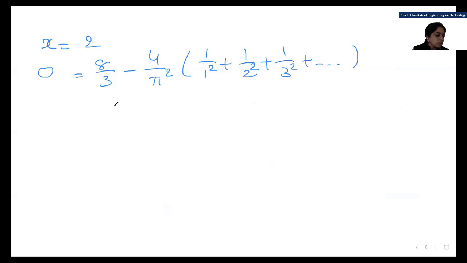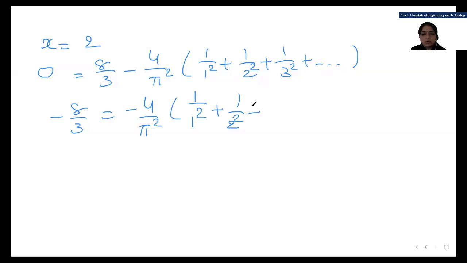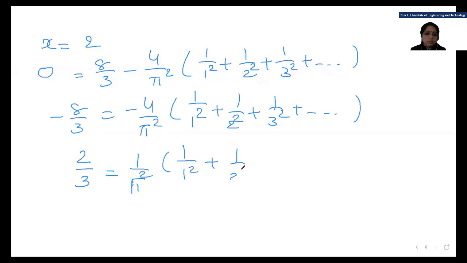Now, if I take minus 8 by 3 to the left hand side, the plus sign converts into the negative sign: minus 4 upon pi square times (1 upon 1 square plus 1 upon 2 square plus 1 upon 3 square up to so on). If I keep minus 4 common from both the sides, then I have 2 by 3 is equal to 1 upon pi square times (1 upon 1 square plus 1 upon 2 square plus 1 upon 3 square plus up to so on).